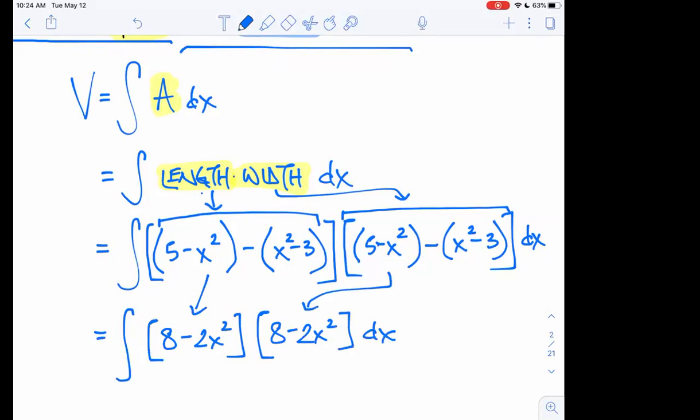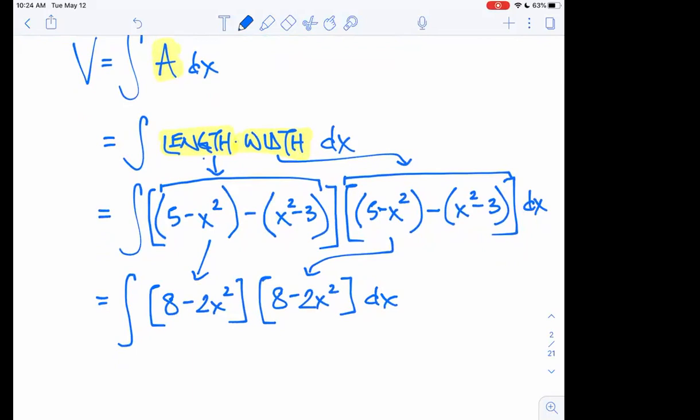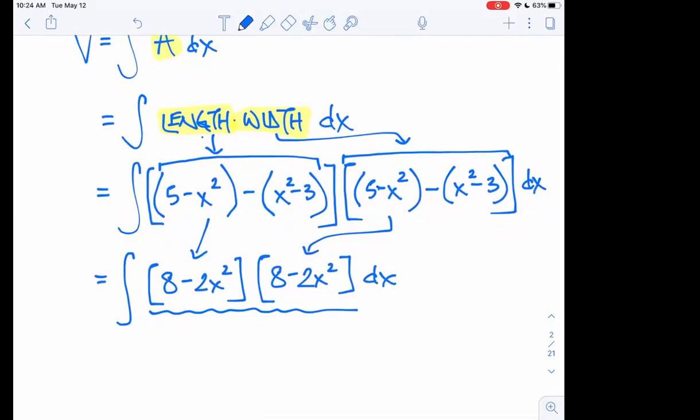Okay, so I've got my length times my width. Now, there are a few things I need to do before I can actually calculate an answer. One of those would be, it's probably a good idea to simplify that, meaning I should probably FOIL that. That would make my life easier, okay? But what other information do we need to know in order to find this volume?